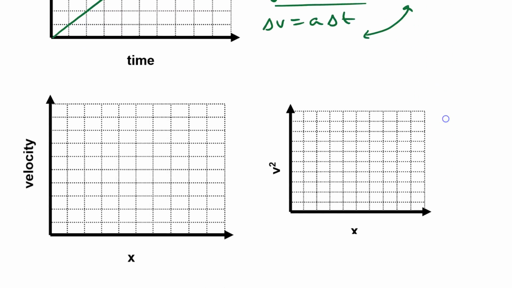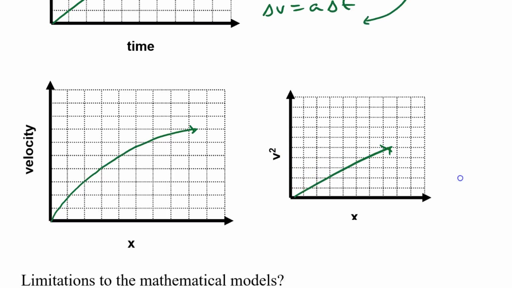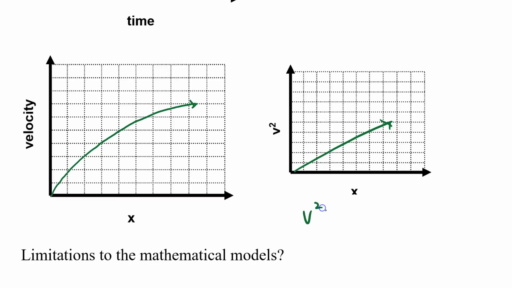The other one we looked at was velocity versus position, and in this case we got a curve that looked like this. And so when you straightened it, you did v squared versus x, and you got a line that looked like this. So we said v squared was equal to kx.